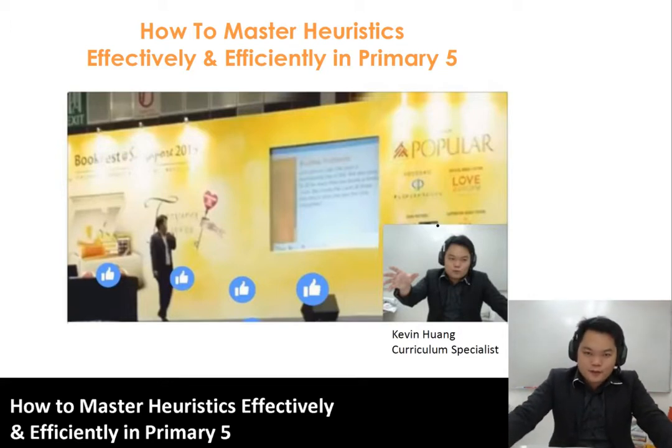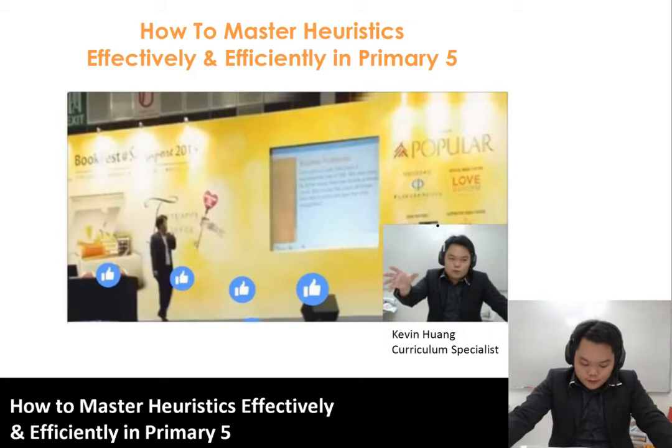Okay, good evening. This is Kevin from Maths Heuristics. I believe the SA2 is over, or will be over soon, for most of you who have children in P4. The reason why I'm organizing this talk today is that I've received a lot of inquiries from P5 parents over the years in my line of work. Pardon me, I have a bit of a sore throat that I haven't recovered from.